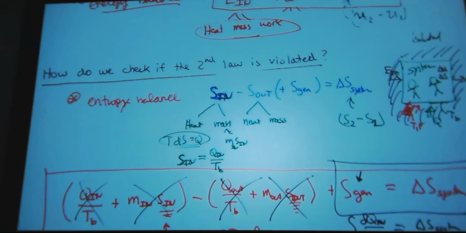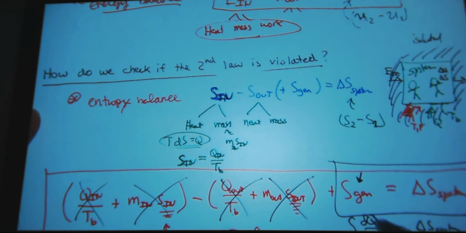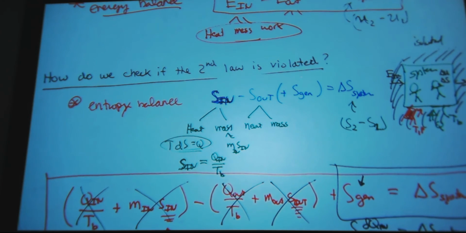So if I have two stick men who are arm wrestling, and it all ends up being reversible heat transfer during the arm wrestling match, then it's reversible arm wrestling, and there's no entropy generated.